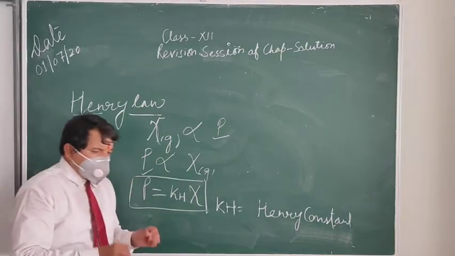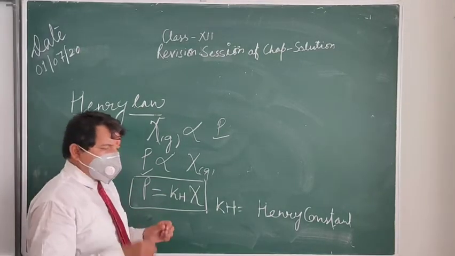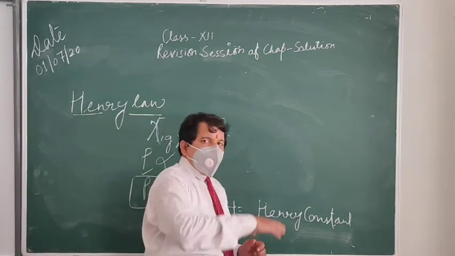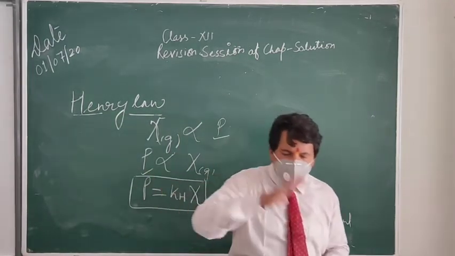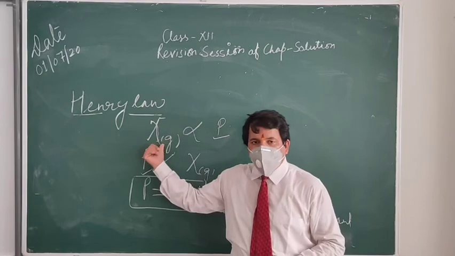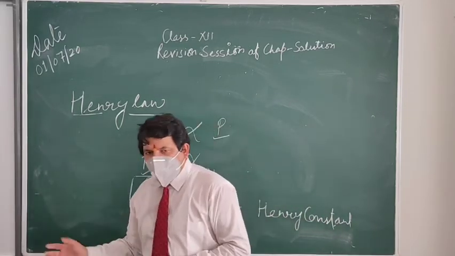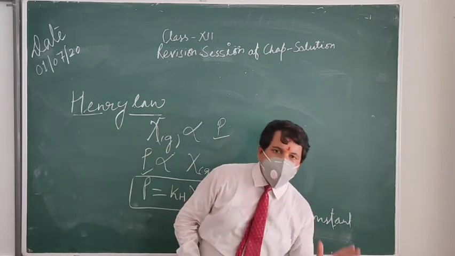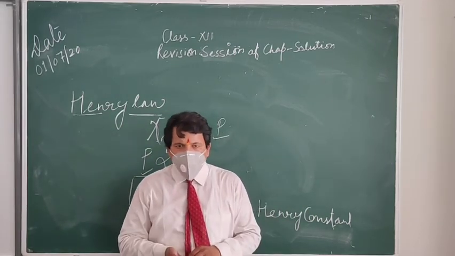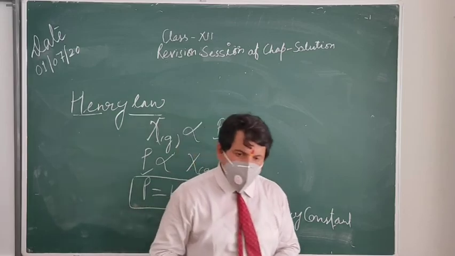Because we know that the solubility of gases in liquid is directly proportional to pressure. Means in those industries as well this law is used, especially, as I told you, anoxia and then the scuba divers. Right? Thank you. The next topic we will discuss in the next video.